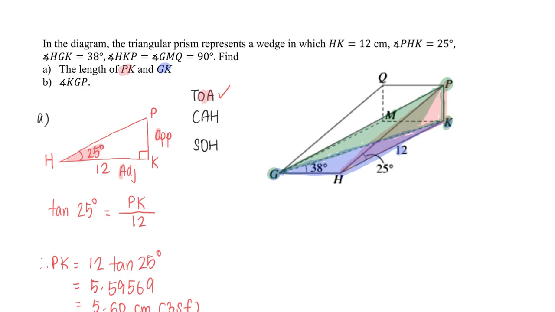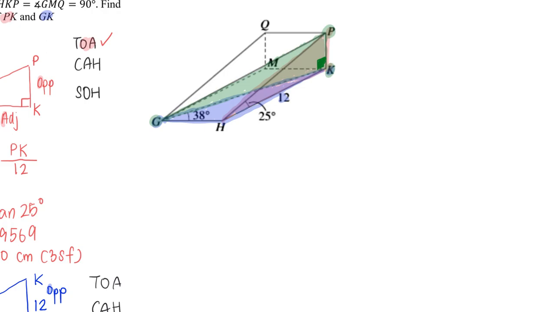triangle, and since PK is vertical to the horizontal plane GK, this is actually, yes, for those who realize, another right angle triangle, which Mr. Tan here is going to sketch out again. So I will have my G, P, K here.